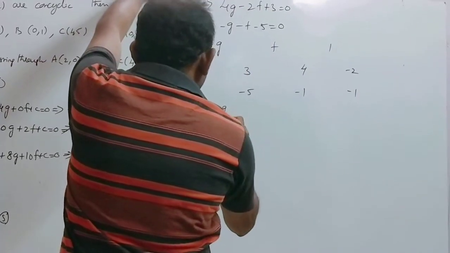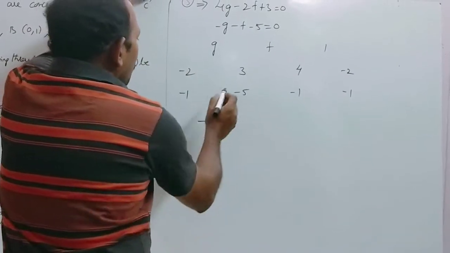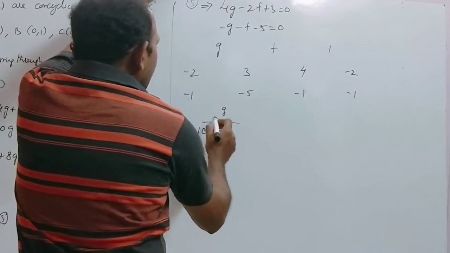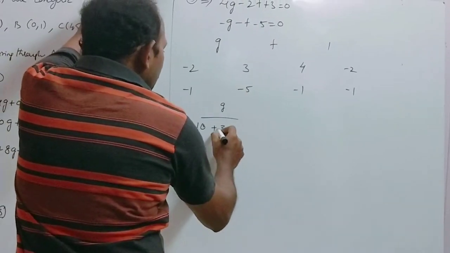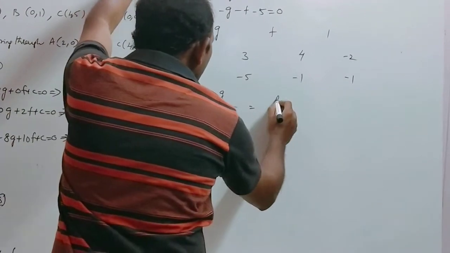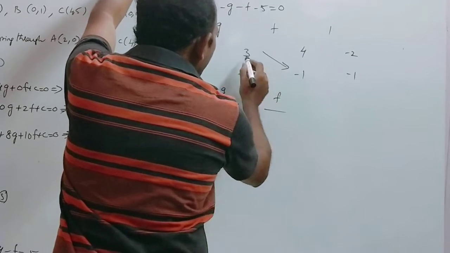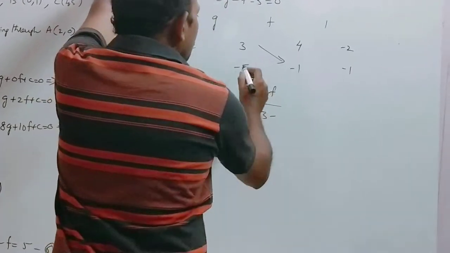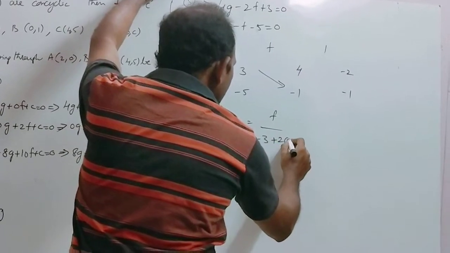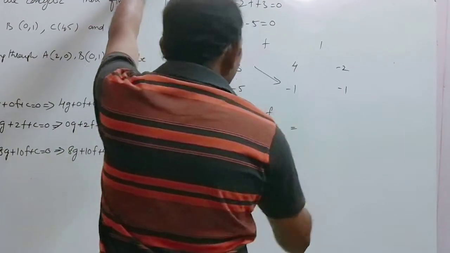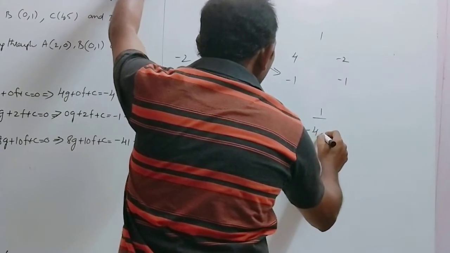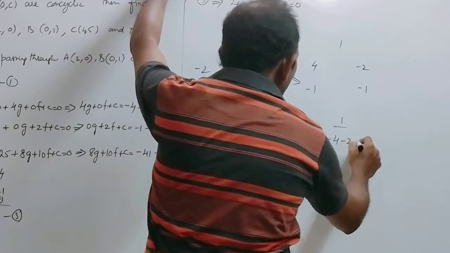Therefore, G by 10 minus of minus 3, that is nothing but plus 3, that is equal to F by minus 3 minus of minus 20, therefore plus 20, is equal to 1 by minus 4 minus 2.